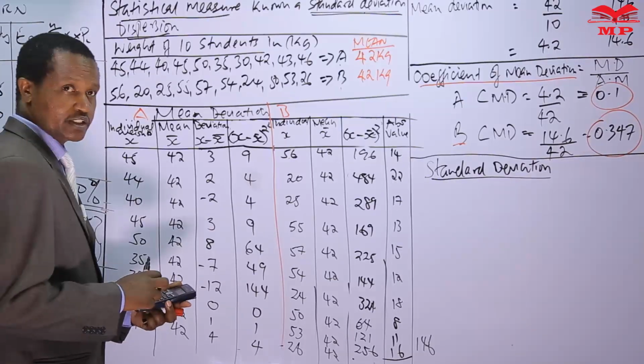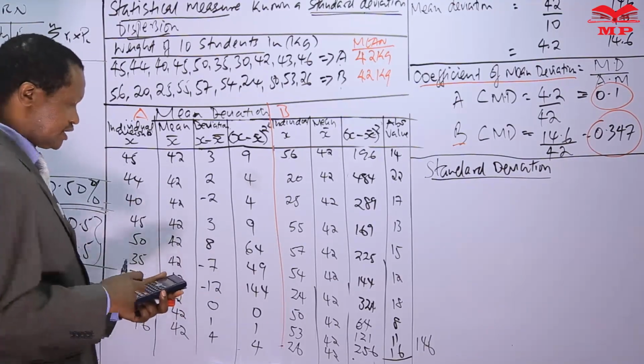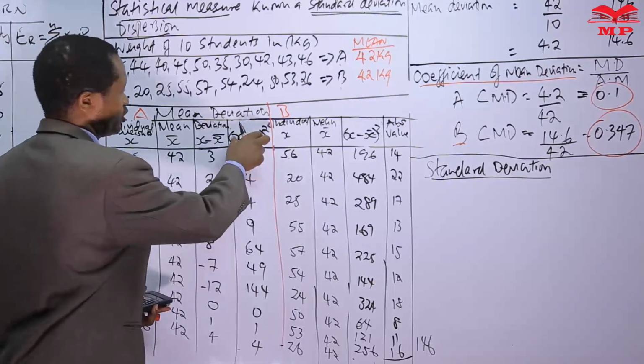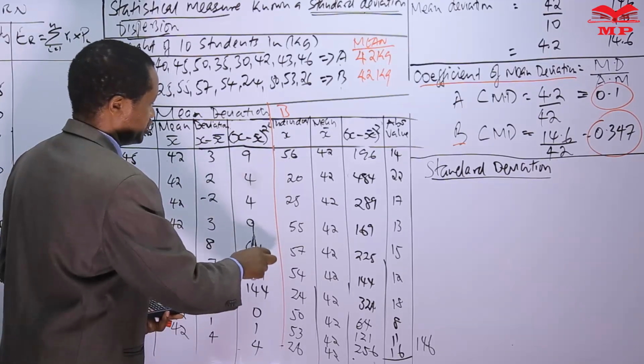So we can now, the second step, go ahead and get the summation of the squared deviations.